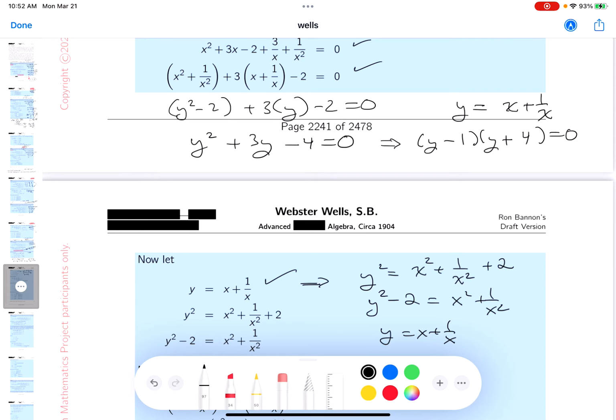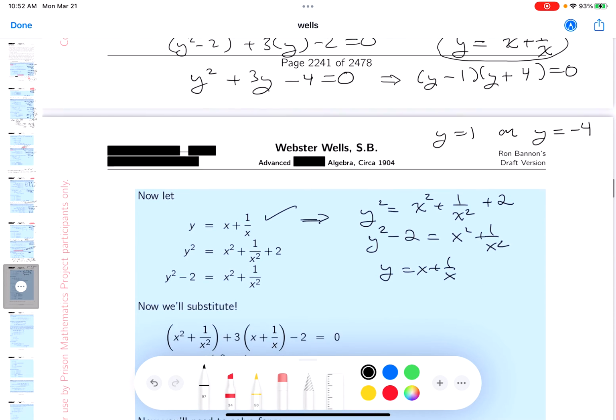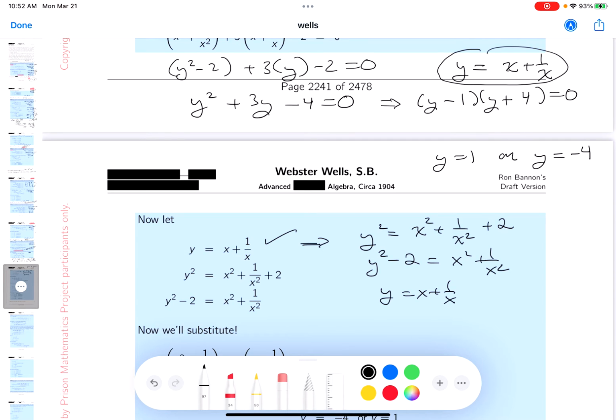Plus 4 minus 1. So y could be 1, or y could be minus 4, right? But then I don't want to know what y is. I want to know what x is. Let's do one at a time. Let's do x is 1. I'm sorry, y is 1.